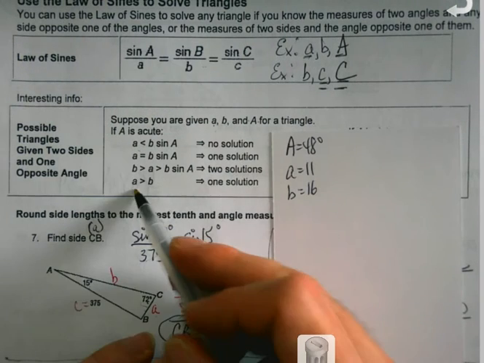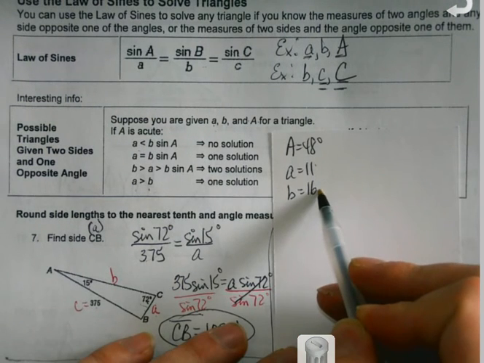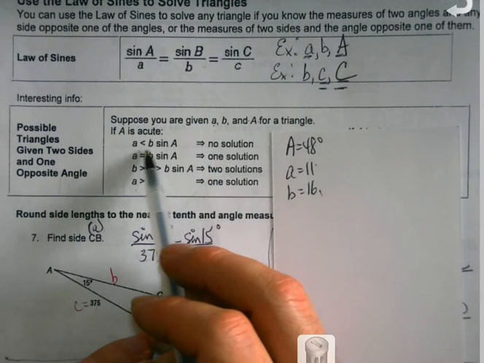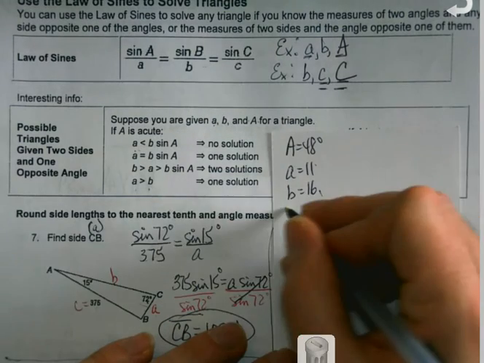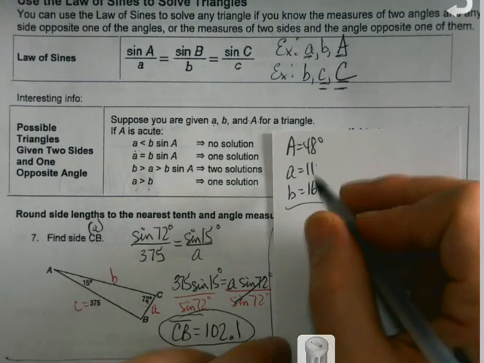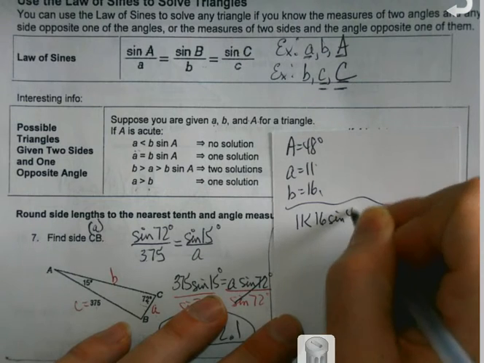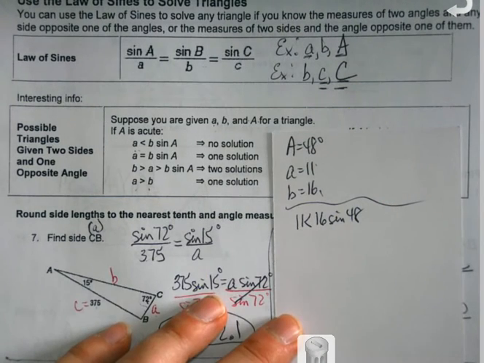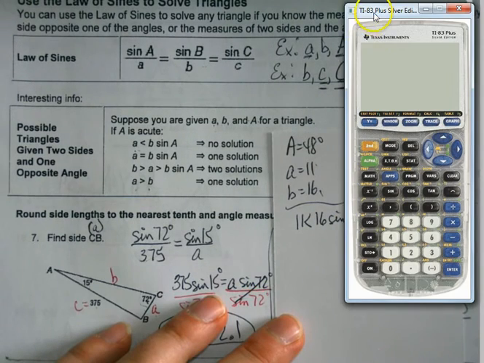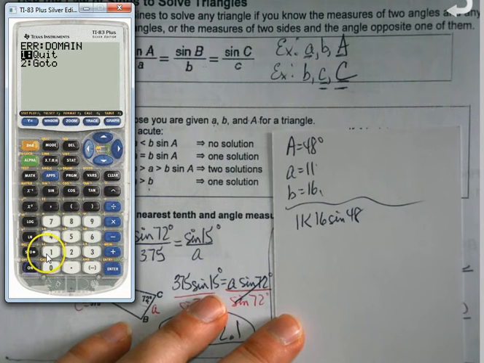Okay, is a greater than b? No. Then I start looking at the other ones. This is my first situation: is a less than 16 times the sine of 48? Well, let's find out.